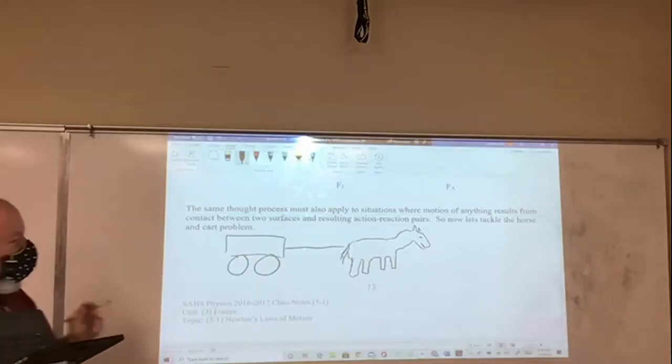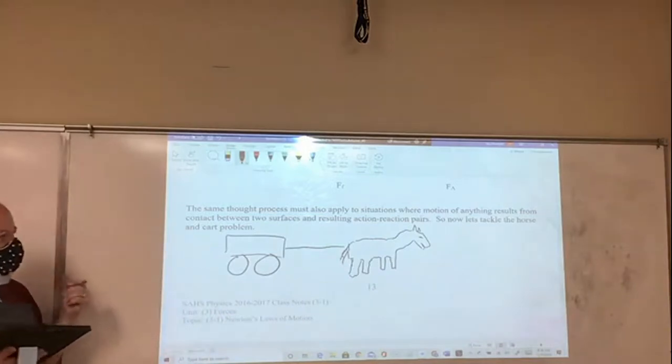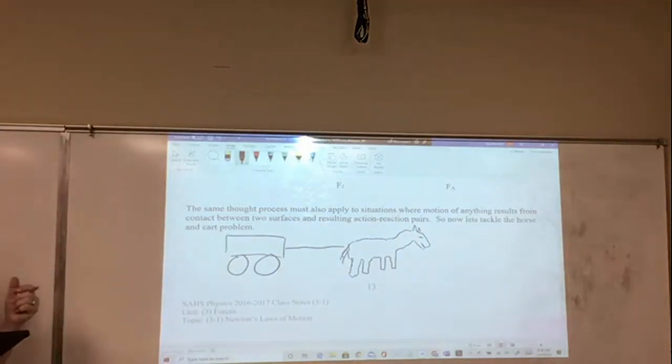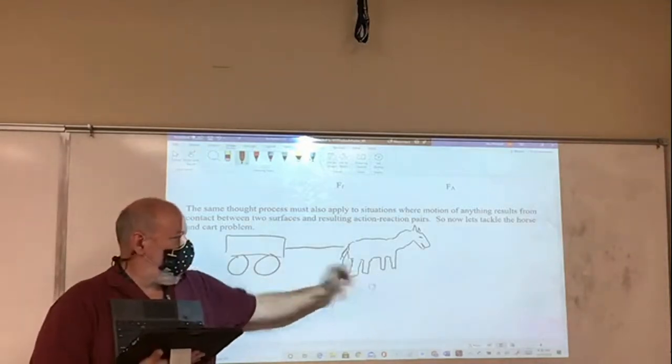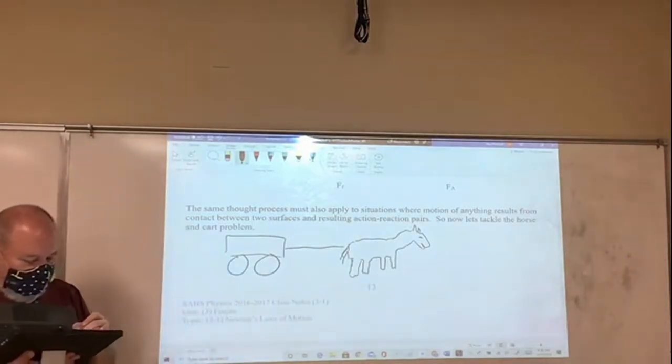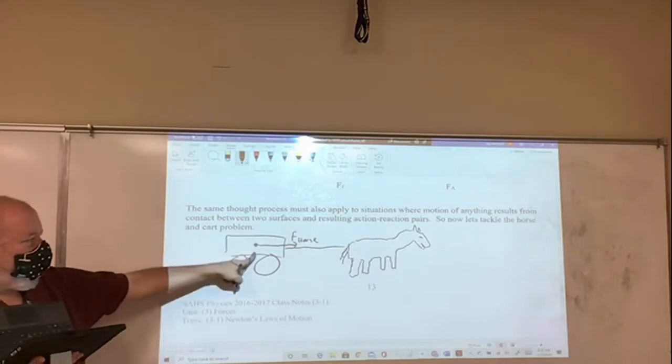Okay, so if we go back and think about this and consider why the horse is wrong. Okay, the horse exerts a force, the force of the horse on the cart.